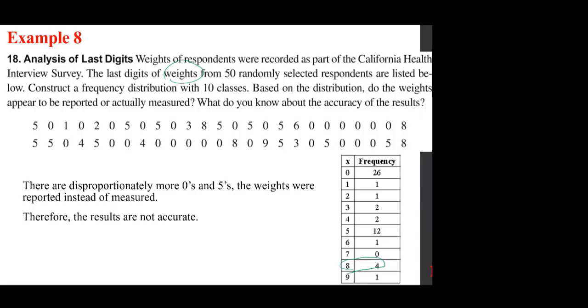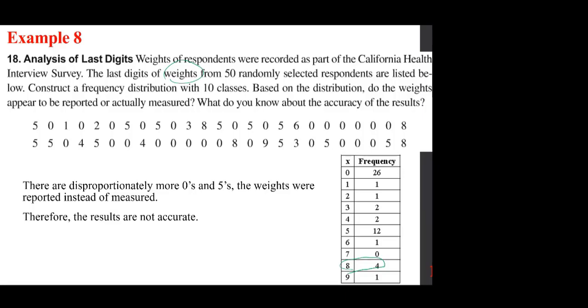But if you are looking at a normal distribution, it can't happen that 0 is more than the rest of it. So based on your simple observation, you say, well, this makes no sense to me. Okay, so it's a subjective kind of. Yes, it could be subjective, but at the same time, it's a decent guess.